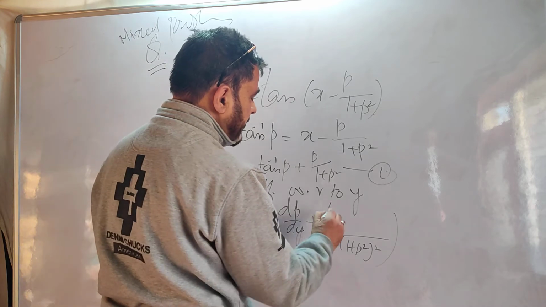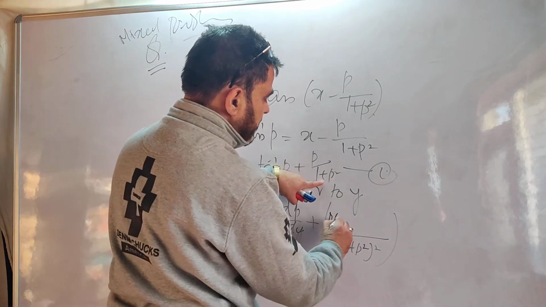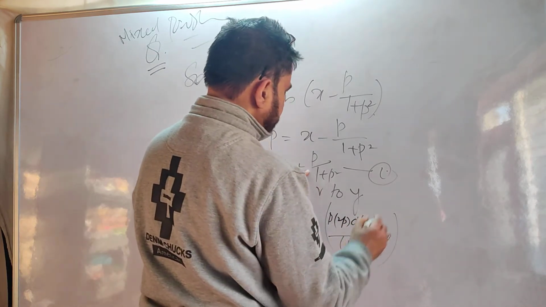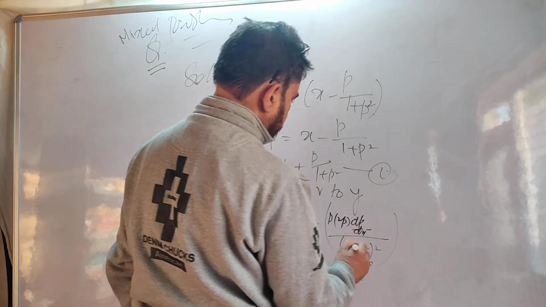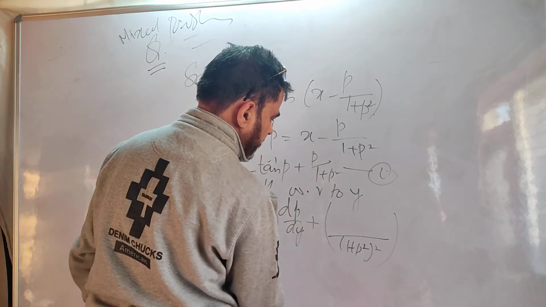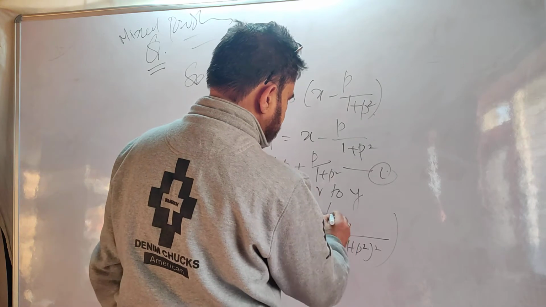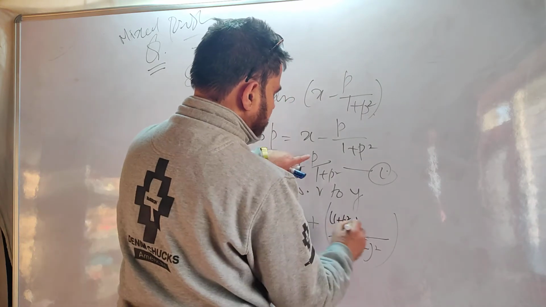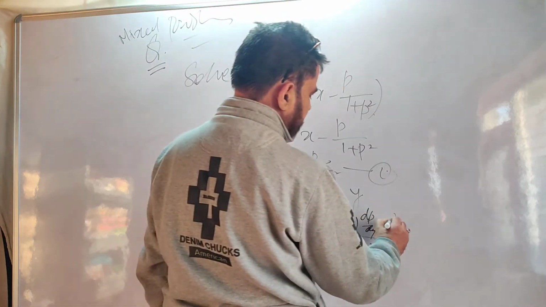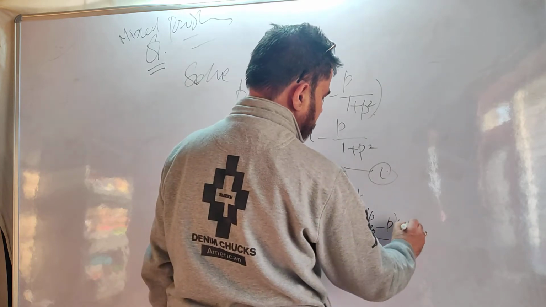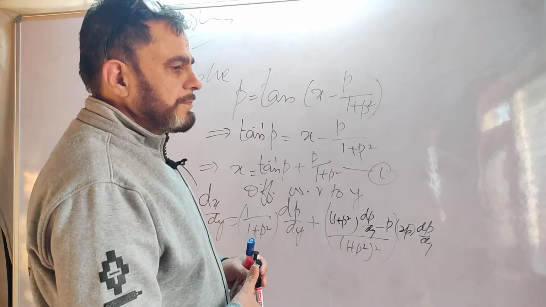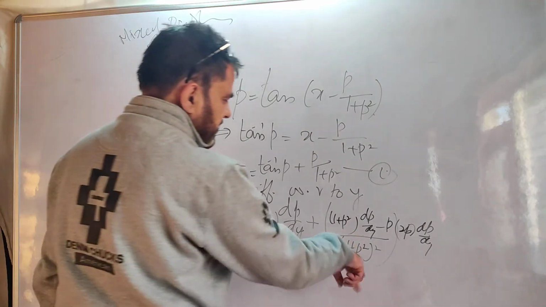Then here p as it is, derivative of this is 2p dp by dx minus denominator as it is 1 plus p square, derivative of numerator with respect to p is dp by dy minus, then you write p as it is, derivative of 1 plus p square is 2p dp by dy. This is the division rule I have used here.